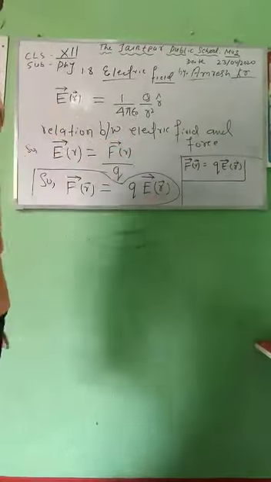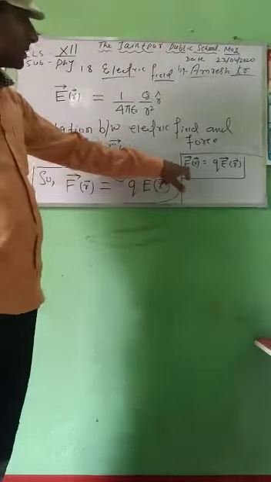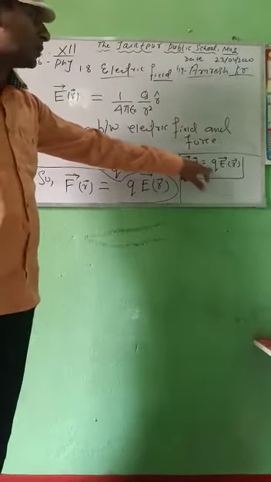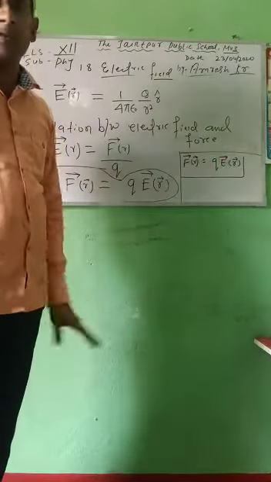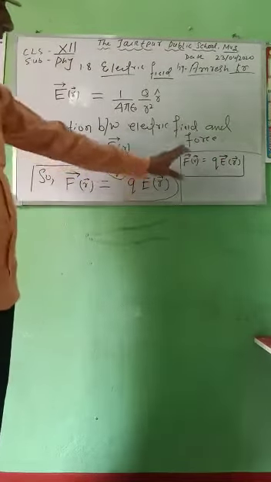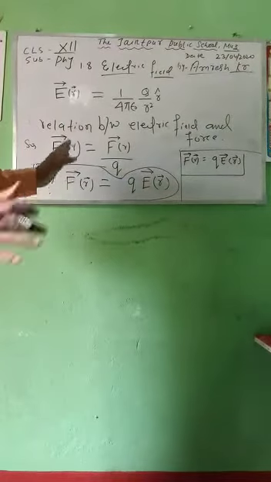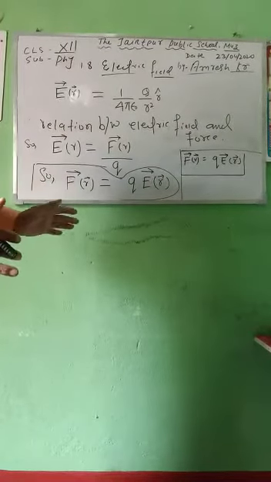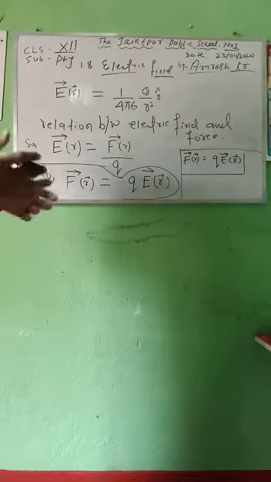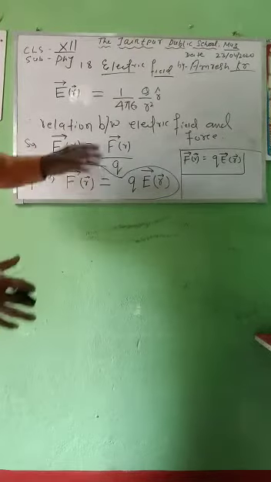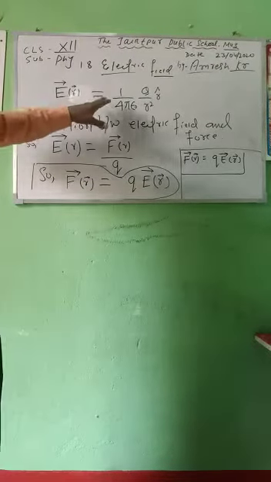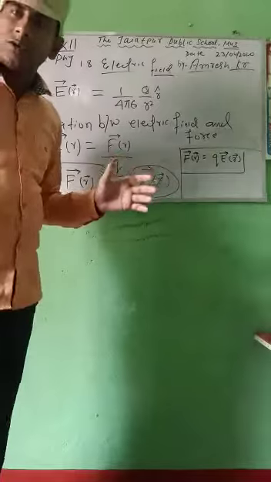In a simple way, you can say that the force is equal to the product of charge times electric field strength. See, this is all about this relation between electric field and electrostatic force. So it is about a single charge due to a single source.